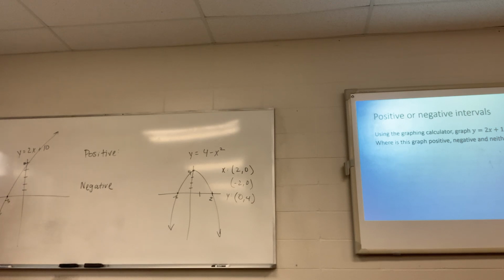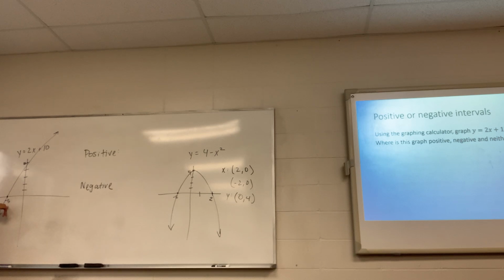So that helps me, because remember I'm always using my x values. So what would my positive interval be? Does anyone have an idea? Jade, what do you think? So we know it's this stuff up here, right? And it starts right here, doesn't it?